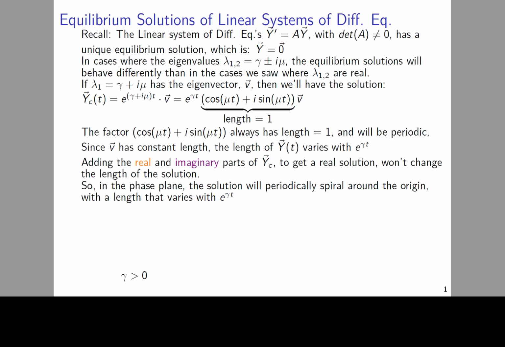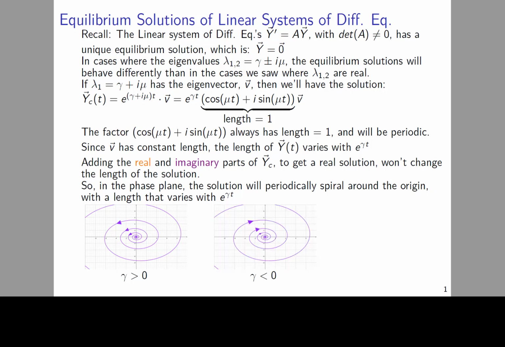So we'll have a periodic solution spiraling around the origin that's growing larger and larger. In the case when γ is negative, we'll have a periodic solution that's spiraling into the origin. And finally, in the case when γ equals 0, we'll have a periodic solution that closes the loop and keeps moving around the origin in purely periodic motion.